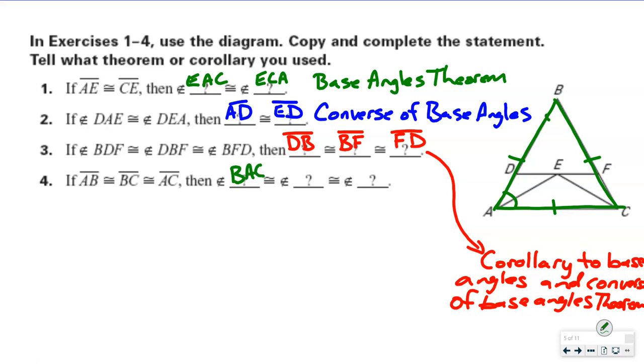But whenever I name this angle up here at B, there's just one angle up there. So that's just angle B. And then the other angle, BCA. So showing that those sides were congruent, we could then state that those angles were congruent, and that reason is the same: corollary to base angles and corollary to converse of base angles theorem. You would write that same reason.